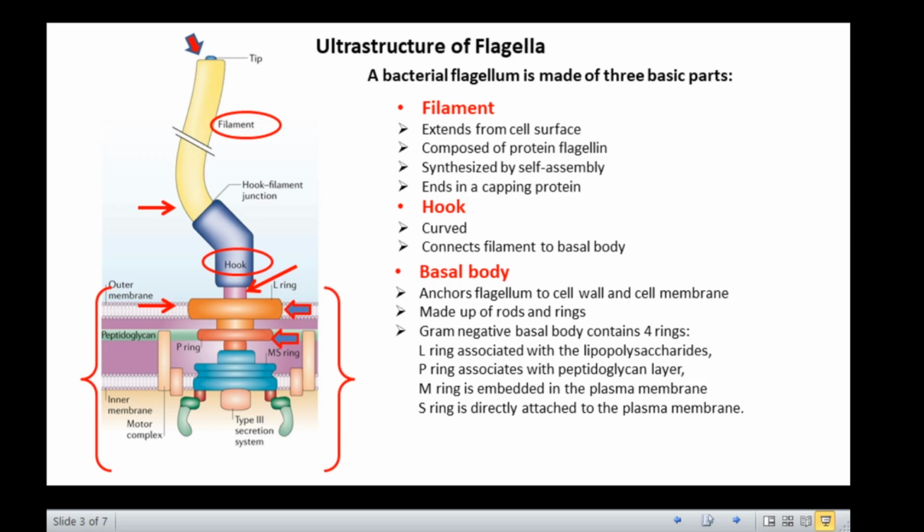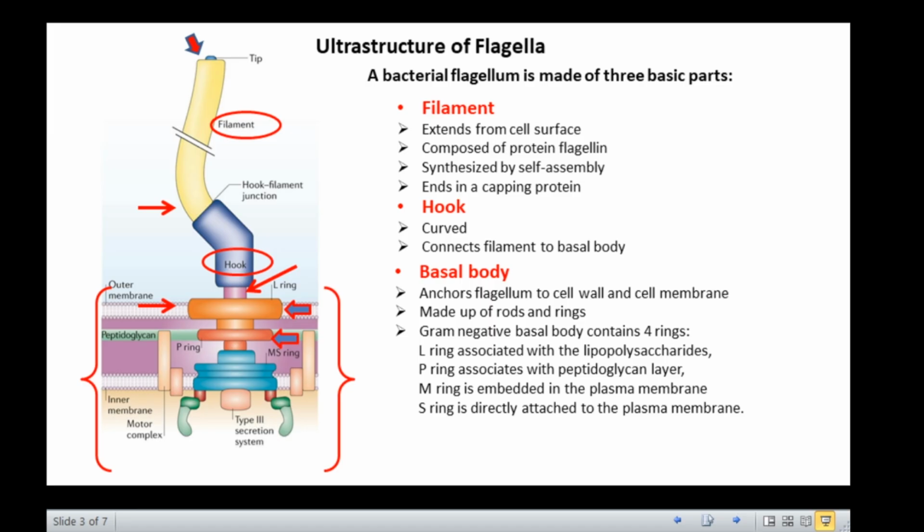The L and P rings bind together to form the LP ring complex, and this complex serves as a rigid bushing to support the rod where it is joined to the hook of the filament on the cell surface, which holds the entire flagellar structure stably. The LP ring complex is resistant to extremes of pH and temperature.